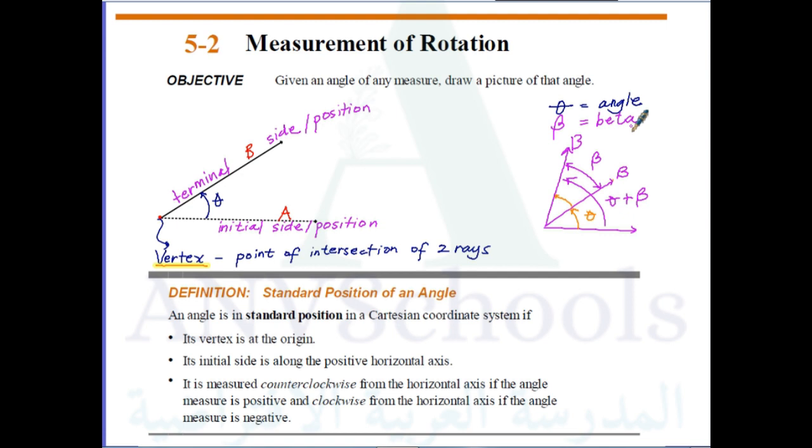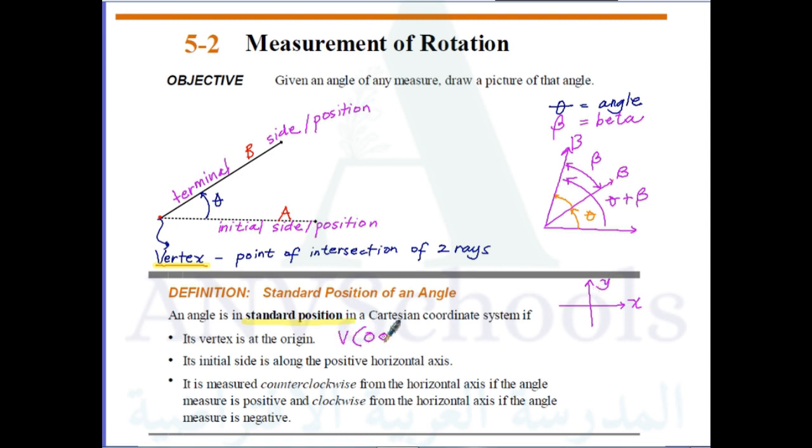Okay? So, what is the definition of the standard position of an angle? According to our book, an angle is in a standard form in a Cartesian coordinate system. What is the Cartesian coordinate system? That is the system with x and y. So an angle is in a standard position in a Cartesian coordinate system if, number one, its vertex is at the origin.